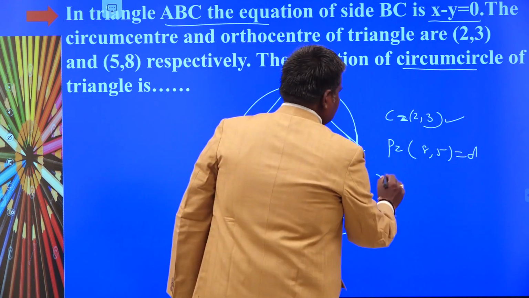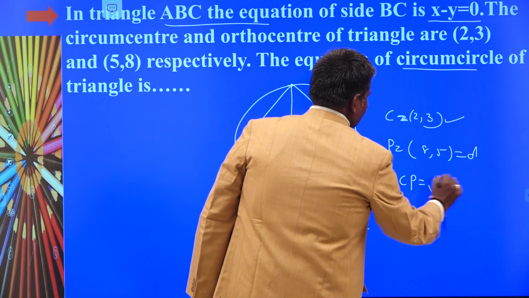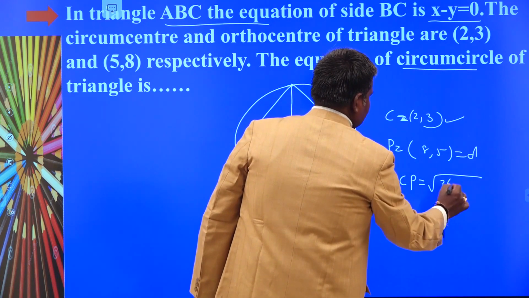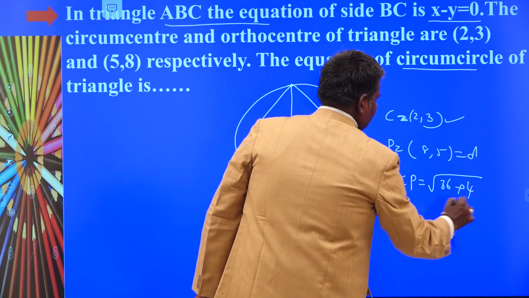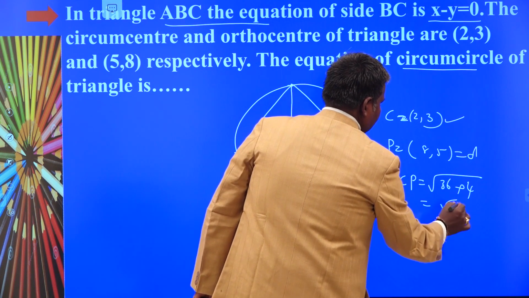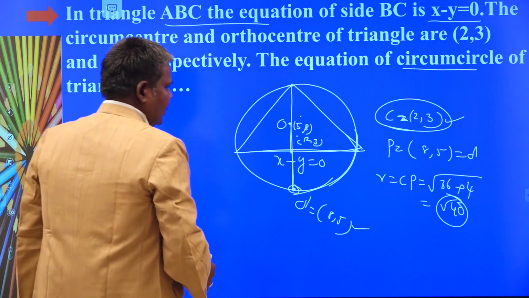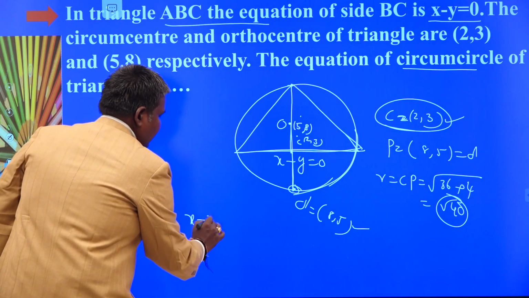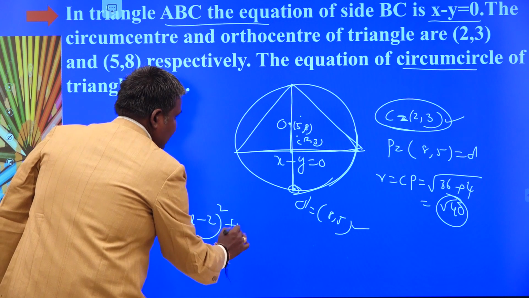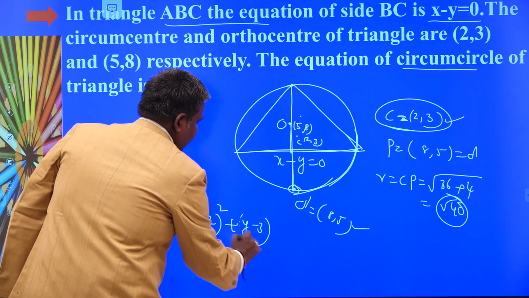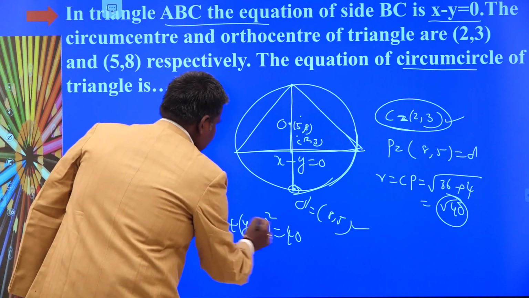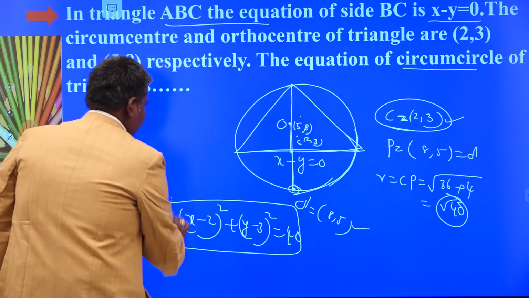What is the radius? R equals CP, that is root of 6 square, which is 36 plus 4, that is root 40. You have the radius and you have the center. Can you write the equation of the circle or not? Yes, that is (x minus 2) whole square plus (y minus 3) whole square equals 40. This is the equation of the circle.